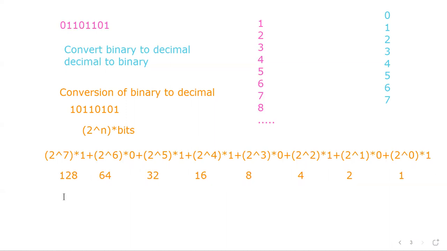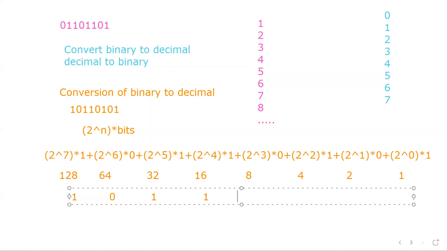Right? Then we put the bit values: 1, 0, 1, 1, 0, 1, 0, 1.